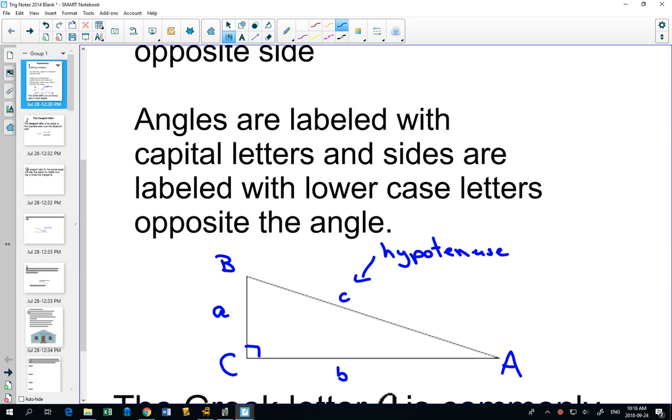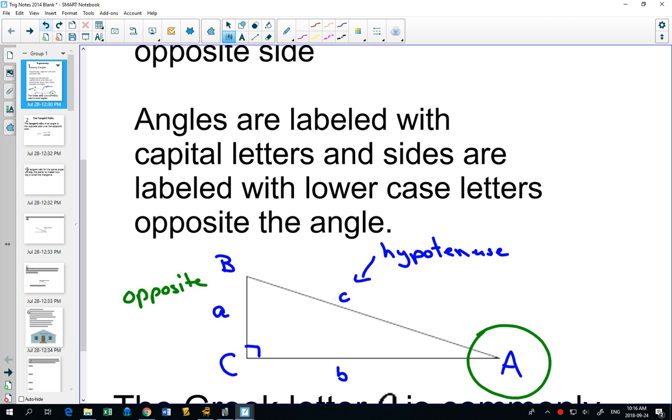So if I'm talking about, and I'll change colors here, I want green. If I'm talking about angle A, this is still my hypotenuse. The hypotenuse never changes. But if I'm talking about angle A, then we would call this the opposite side.